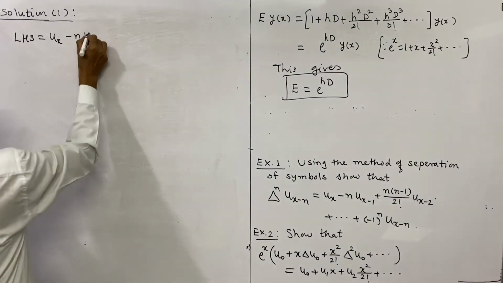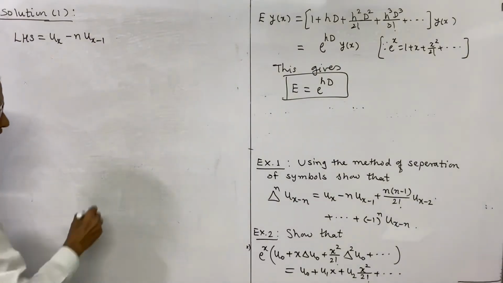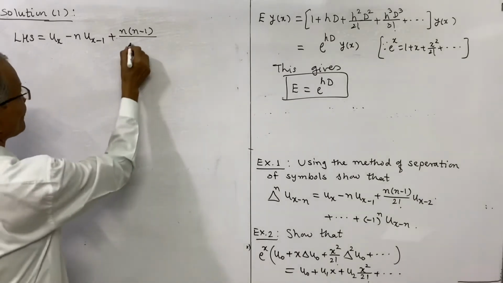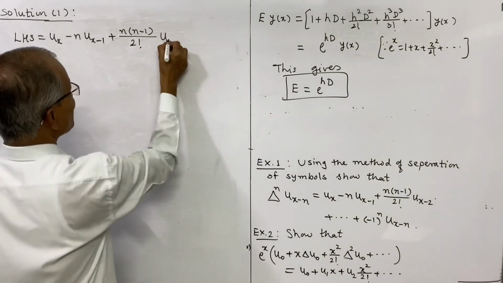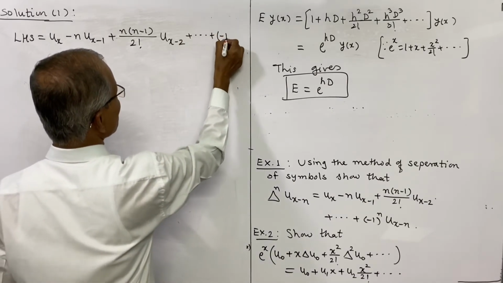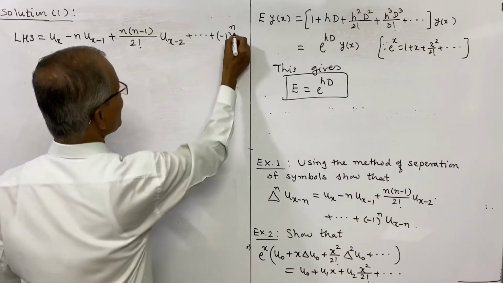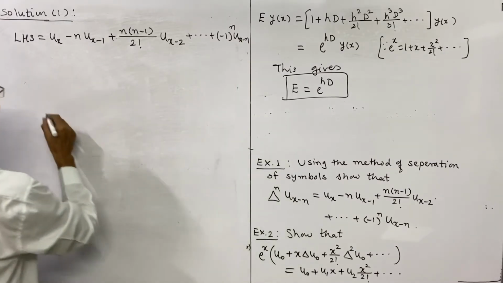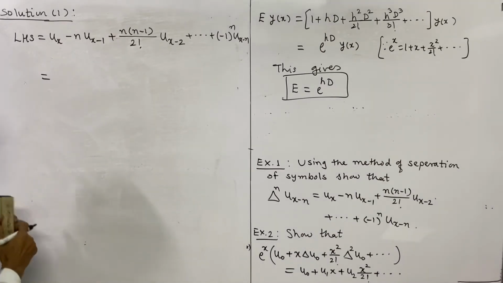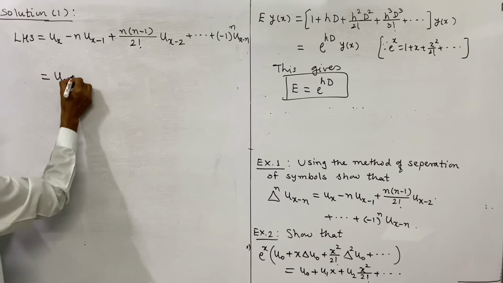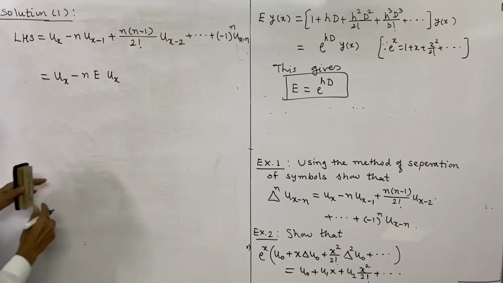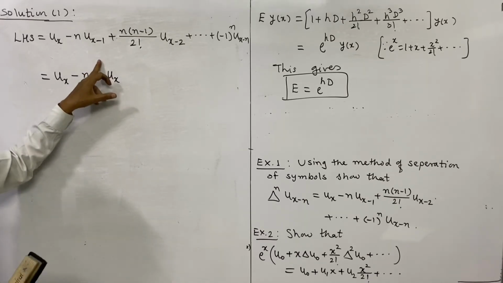N u x minus 1, the value of u at x minus 1, plus n into n minus 1 divided by 2 factorial u x minus 2, and this is continued, plus minus 1 to the power n u x minus n. And now this we can write in terms of the shift operator E. So this I shall keep as it is, u x minus n, and this I shall write in terms of u x. So what should be the power of E?